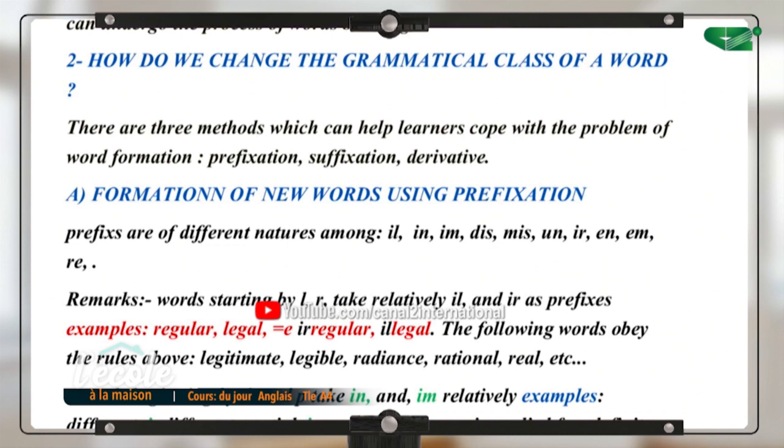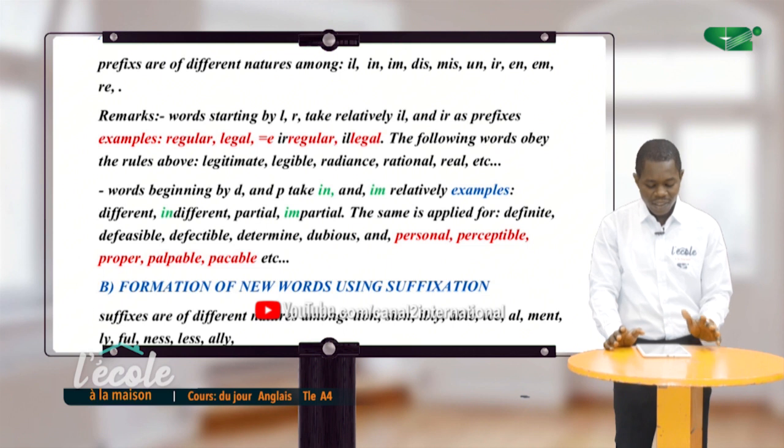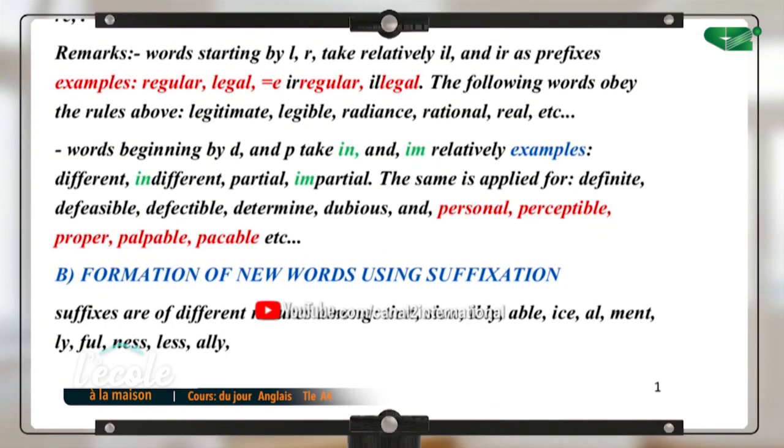Great. Remarks. Words starting with L and R take respectively il and ir as prefixes. We have some examples. Regular, comma, legal, comma. Now what do we have when we form a new word?